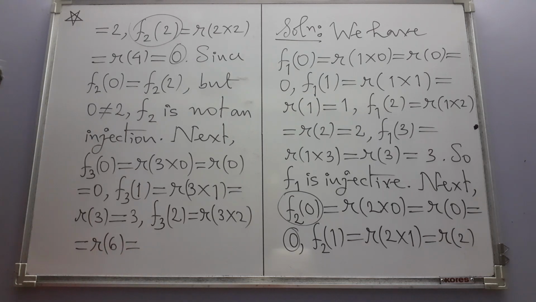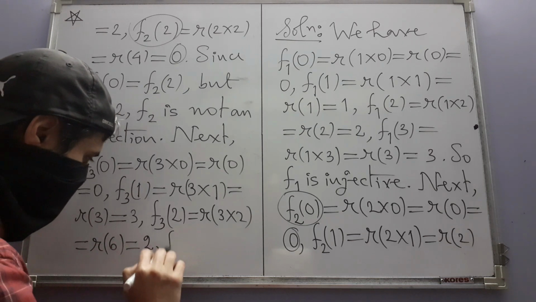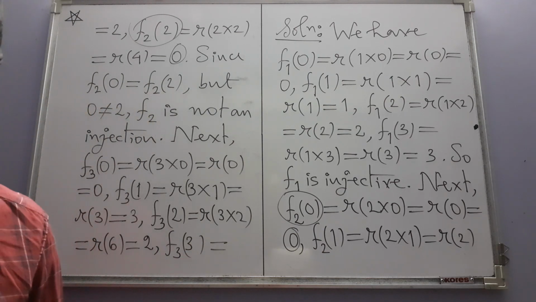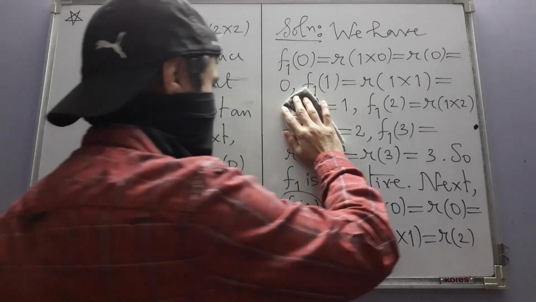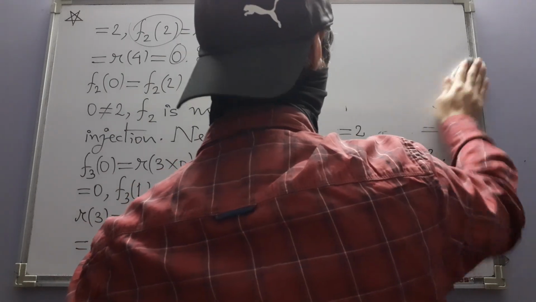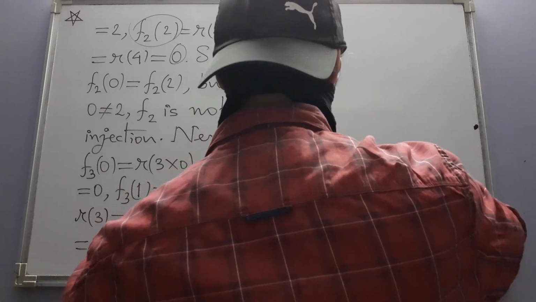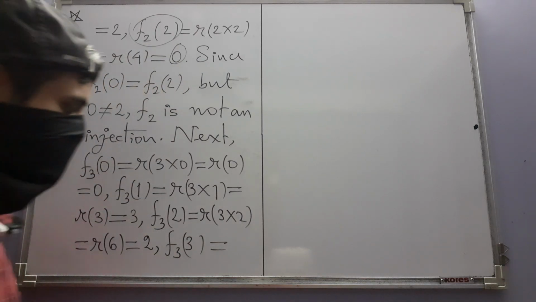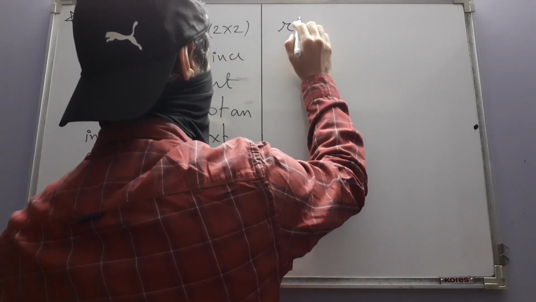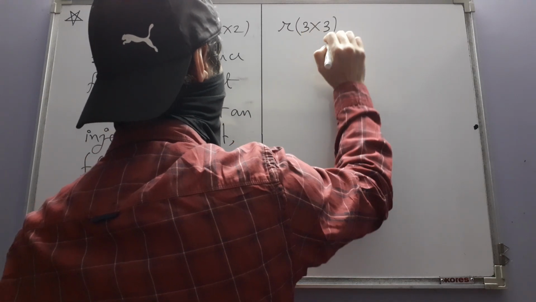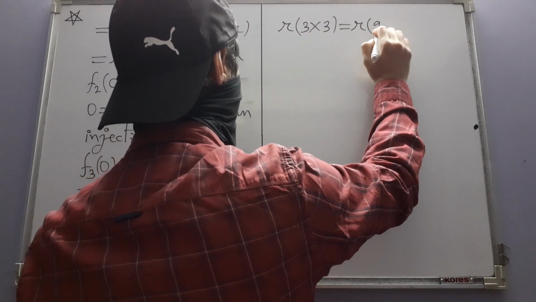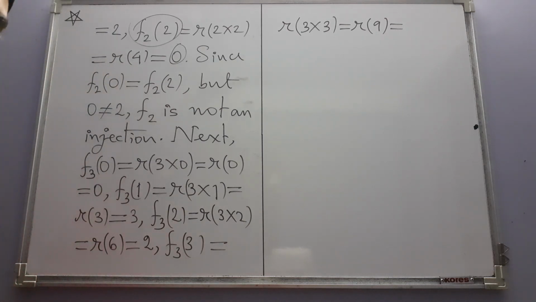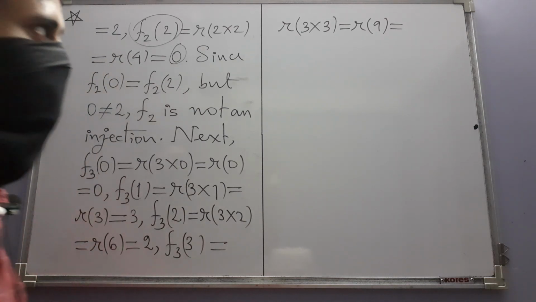Dividing 6 by 4, we get the remainder 2. And F3 of 3 will be R of 9. Dividing 9 by 4, we get the remainder 1, because 9 is 2 times 4 plus 1.